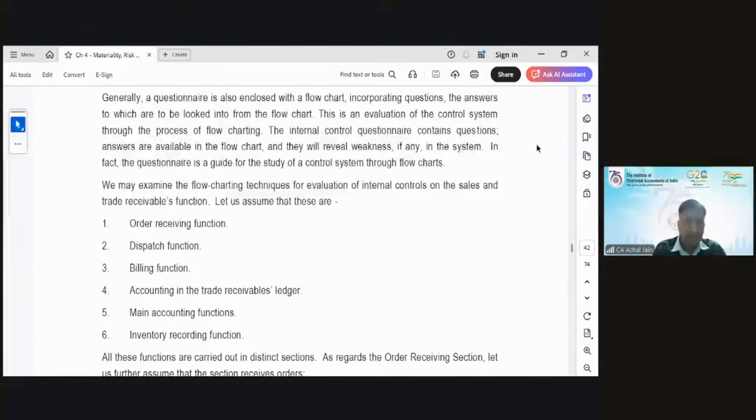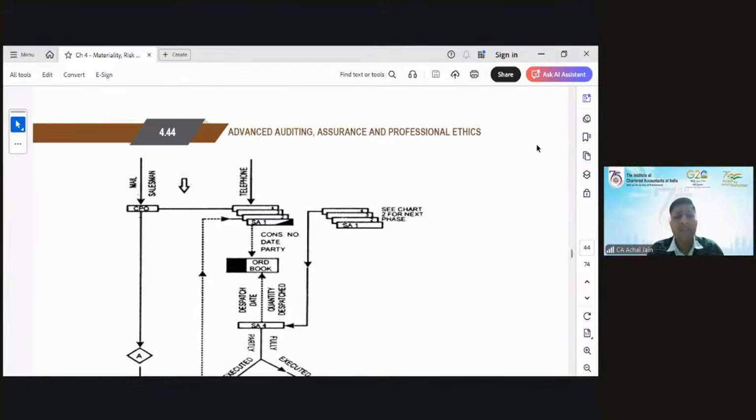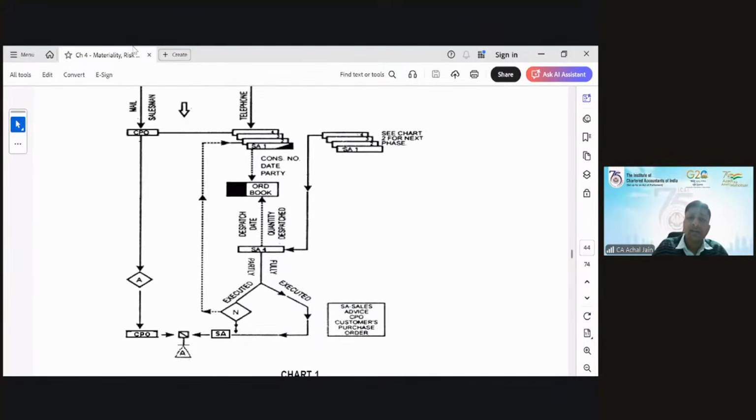So you can say it's more presentable, it helps the auditor in understanding the flow of the transactions. If you look at this flow chart, you don't need to get into that descriptive document to read, or even if you get that, you will get some more clarity, because it's more of a pictorial presentation of the way the function is going on, the way the process is actually flowing in the organization.